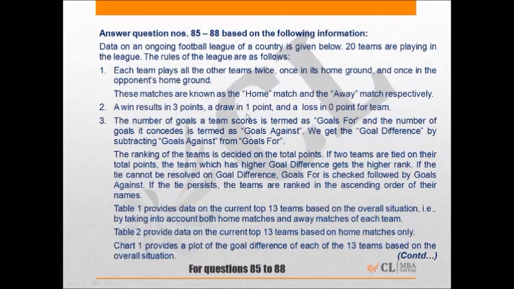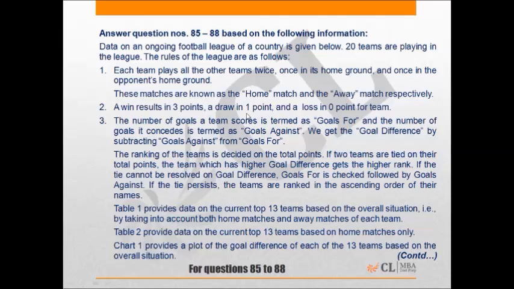In the football league of a country, there are 20 teams and each team plays 2 matches against each of the other teams, and the rules of the games are given in 3 points.